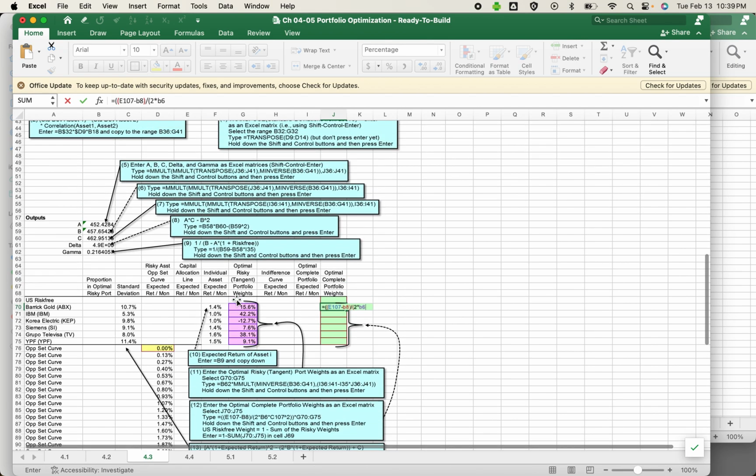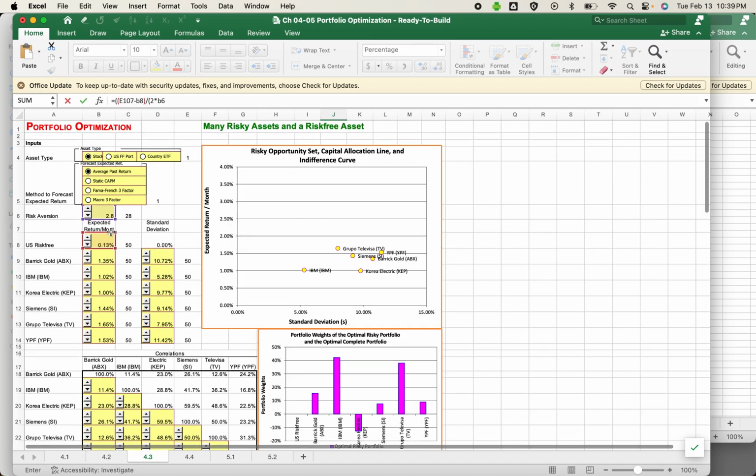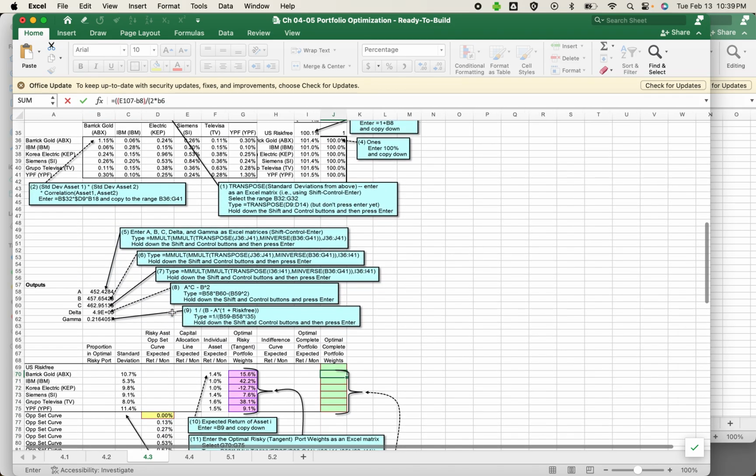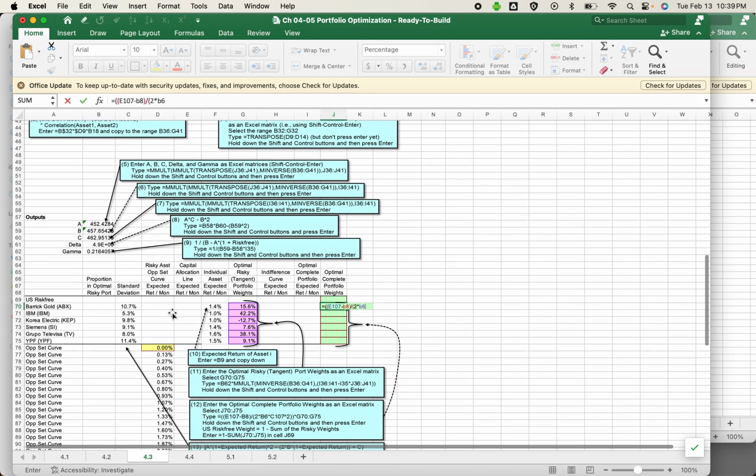What is my B6? It's my risk aversion. This is my Y star. This is my optimal weight in the complete portfolio. My optimal risky portfolio weight in the complete portfolio, right?